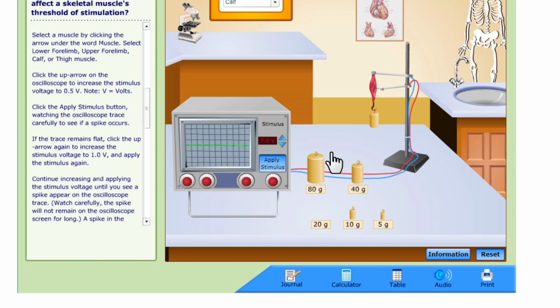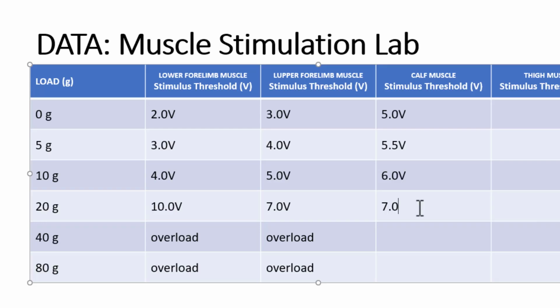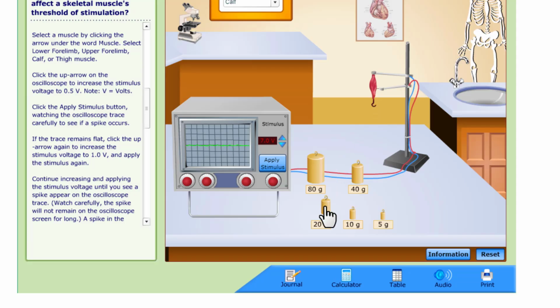We see with the 20-gram weight, we need a minimum stimulus of 7 in order to elicit a muscle twitch. Let's try using the 40-gram weight. Here, we can elicit a muscle twitch by applying 8 volts of stimulus.